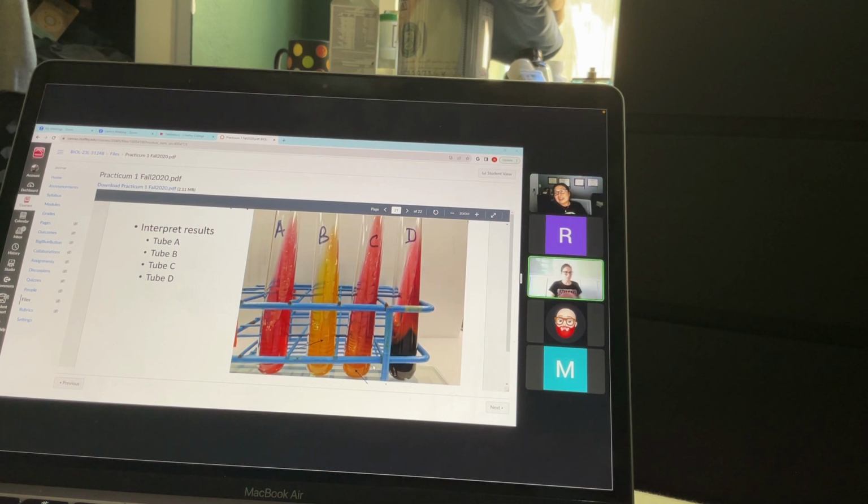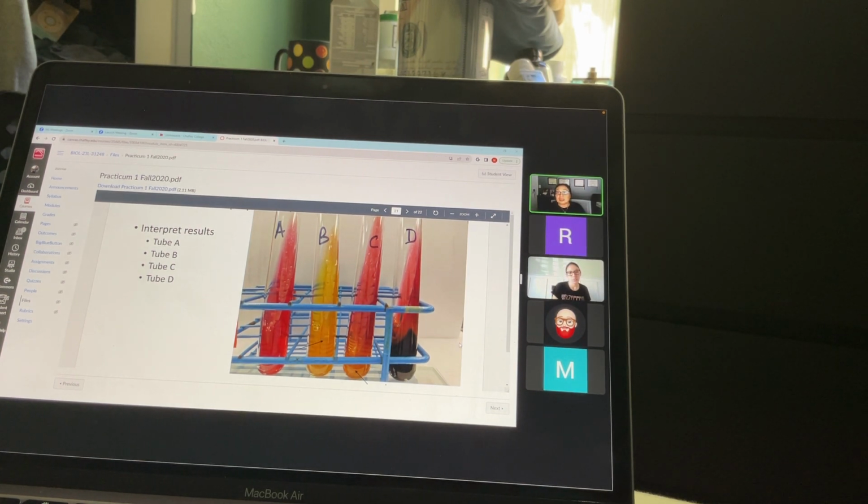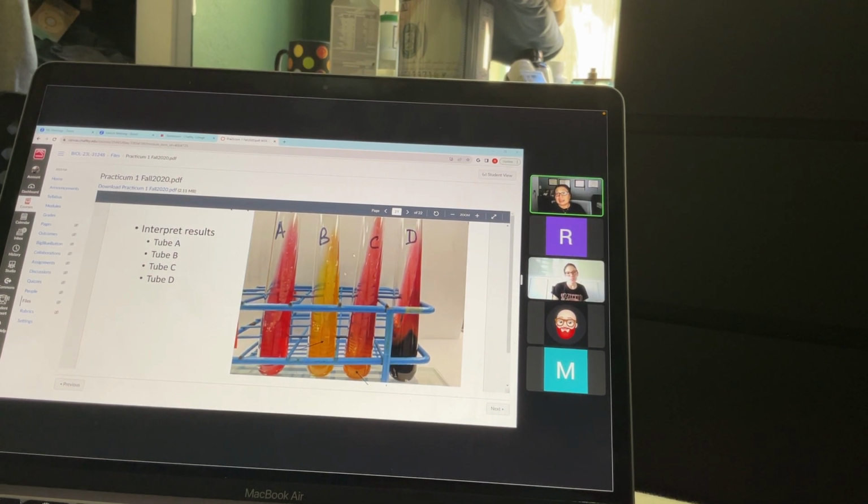Okay. And is it going to be exact? I don't know. A perfect example is the KIA test. One day I see tube B all yellow, and I say, yes, I'm going to use that tube. And then the day of the practicum, guess what?